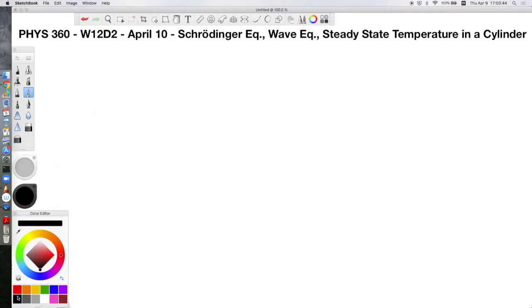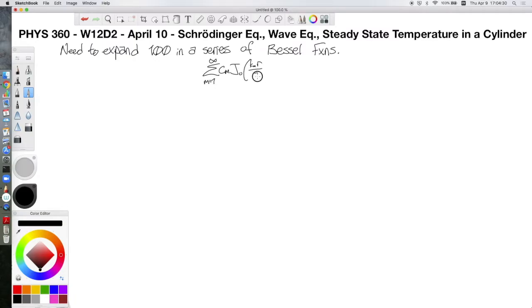So what we need to do is expand 100 in a series of Bessel functions. And this is going to take some time, some identities, some recursion relations, and just some space. So first, let's write out the formula we're working with. The sum from m equals 1 to infinity of c sub m times J naught of k sub m r over a all has to equal 100.